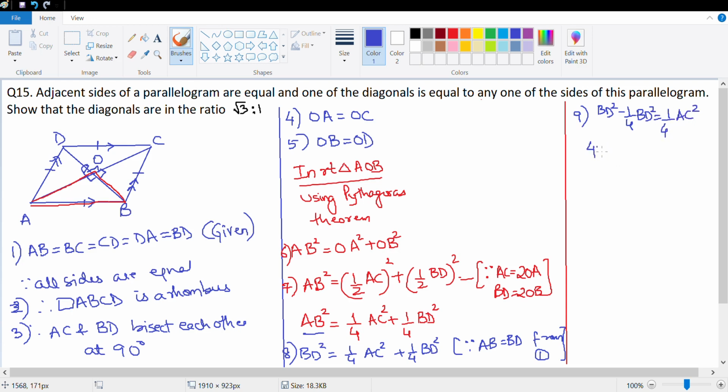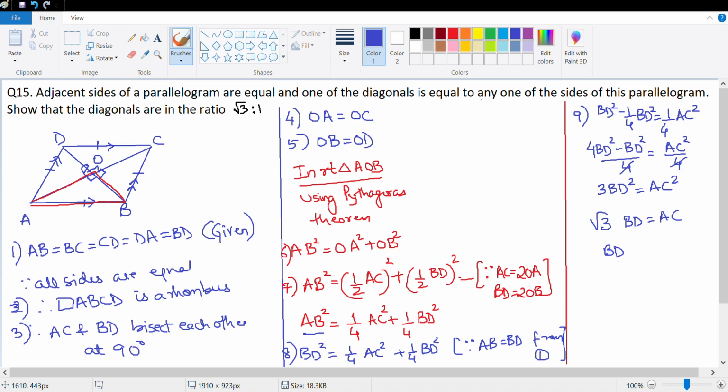This means 4 BD square minus BD square upon 4 is equal to AC square upon 4. Let's multiply both sides by 4. This 4 gets cancelled. So I have 3 BD square is equal to AC square. Let's take the square root of both sides, which means root 3 BD is equal to AC, which means BD, or rather we need AC.